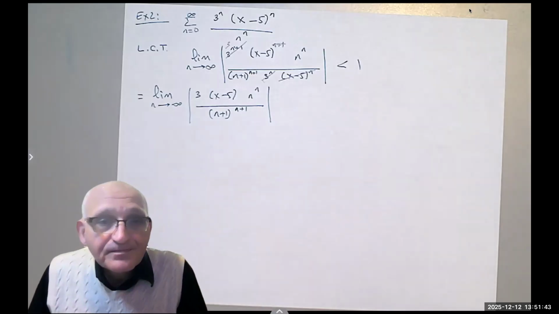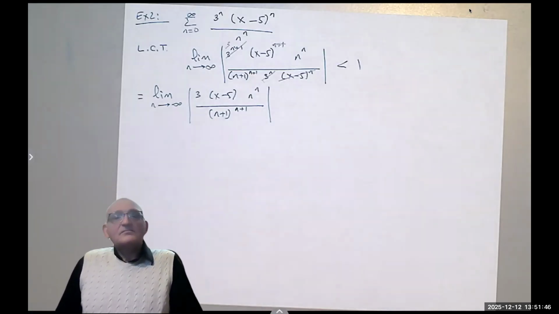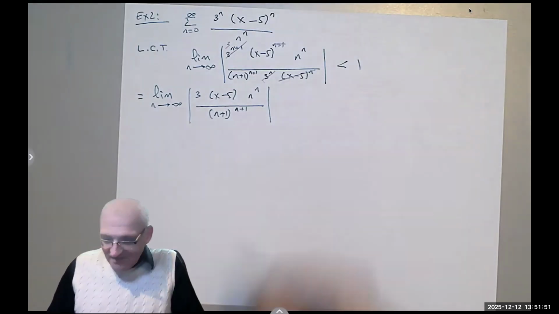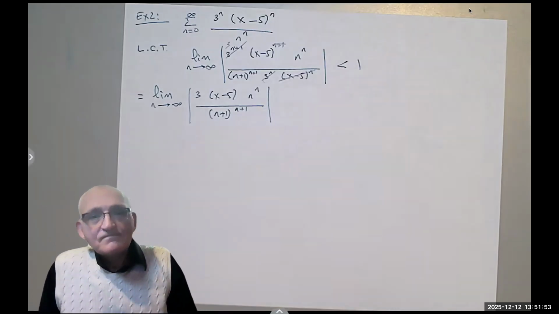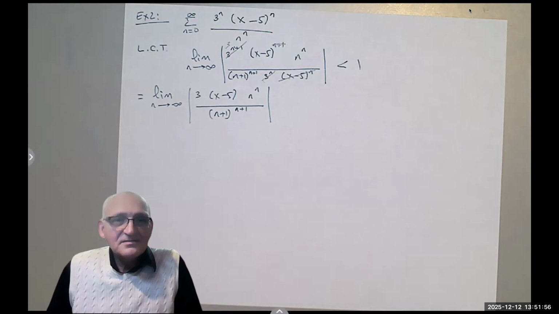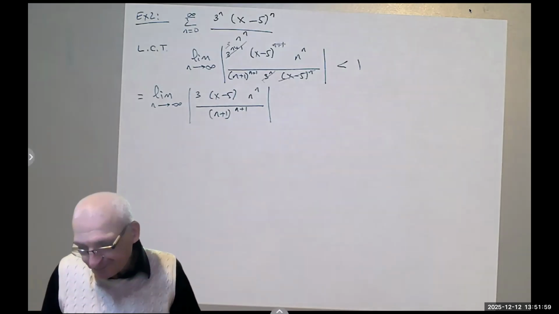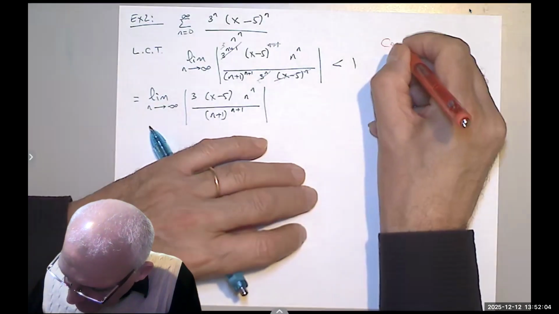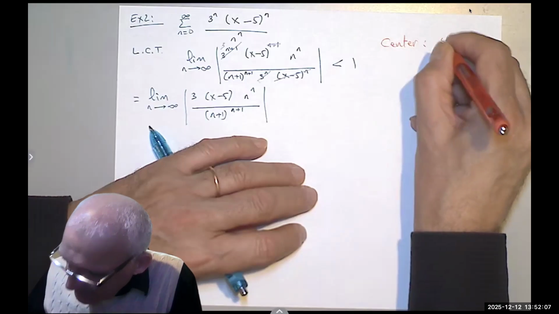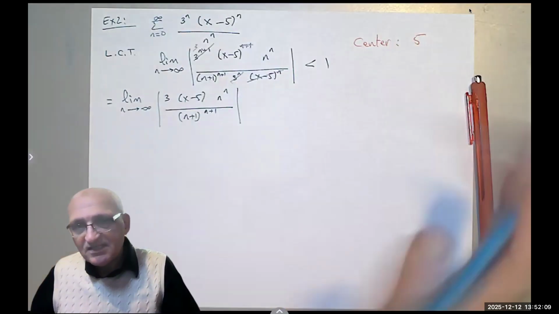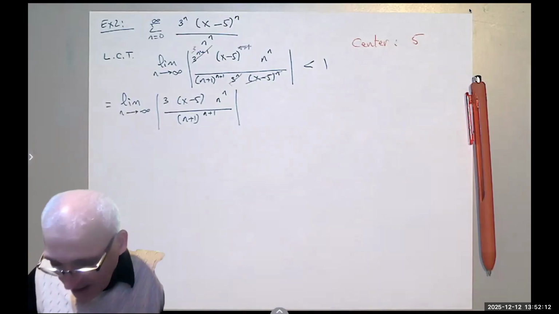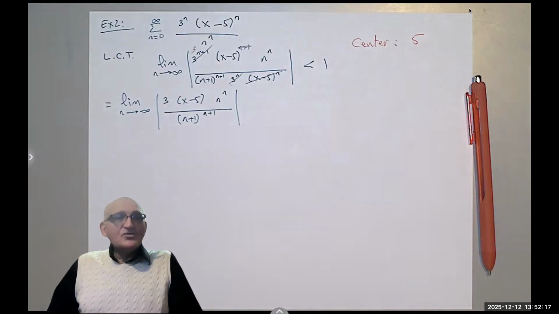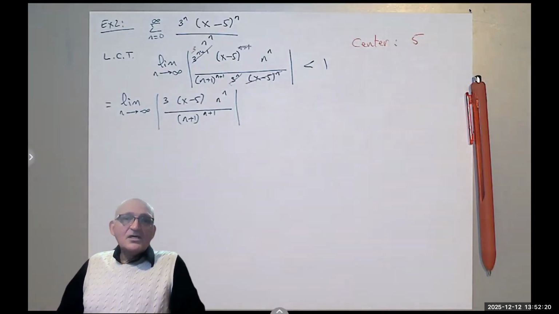If you don't, what can we do? How do you find this limit? Think about it and see what will happen. First of all, the center of convergence here is 5, meaning x equals 5 will definitely work. But what happens when n goes to infinity?